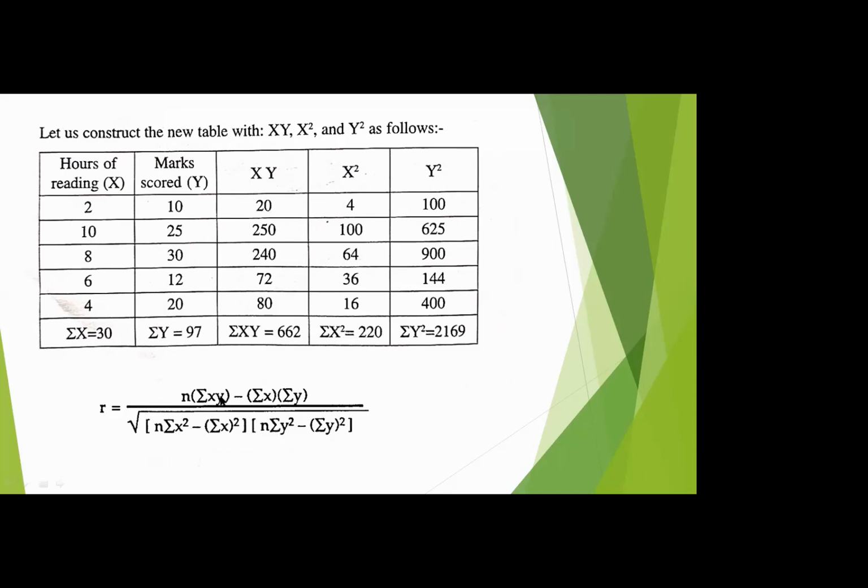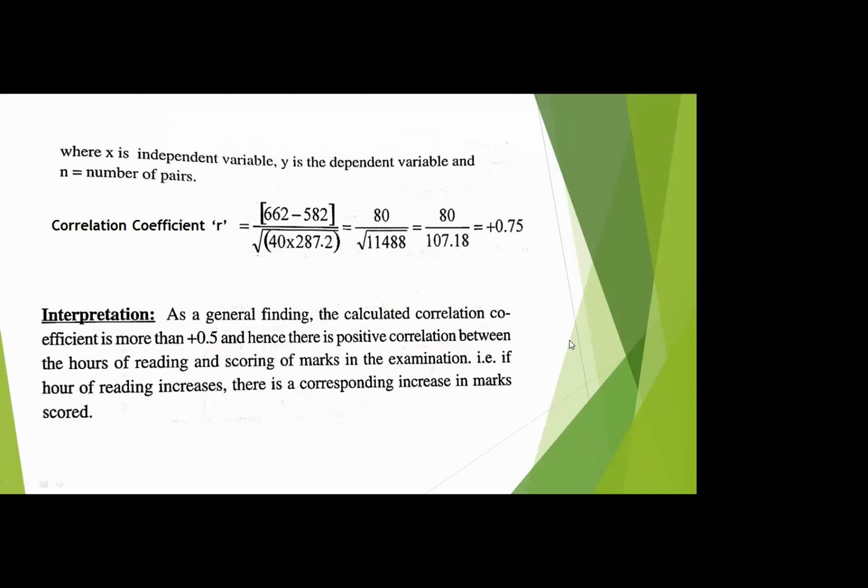So here sigma xy, we will obtain from here the sum of xy, and sigma x is here, sigma y is here, and sigma x square is here, and sigma y square is here. If we apply these values in the formula, we will get the correlation as plus 0.75. So it's a good positive correlation, right?